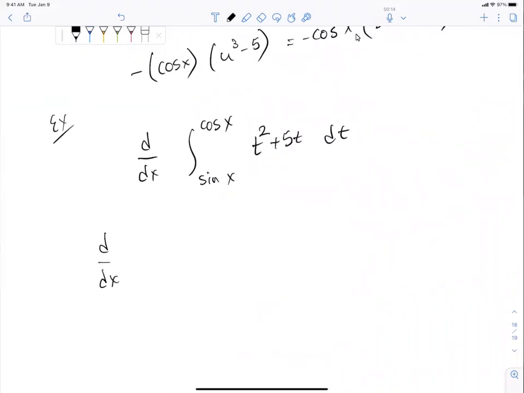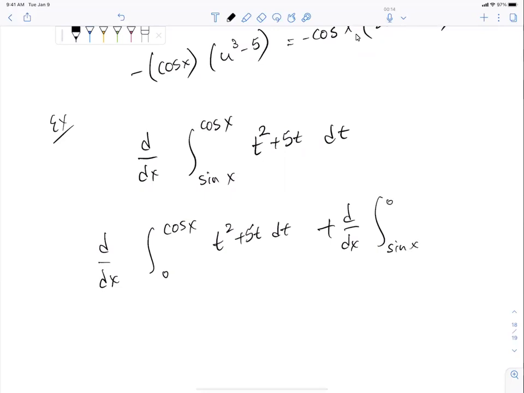Of course, you have to worry about the continuity of the function and such, but other than that, nothing else matters here. So I'm going to split it into, say, 0 to cosine x of t squared plus 5t dt, plus sine x to 0. As a combination, these two add up to the same thing.